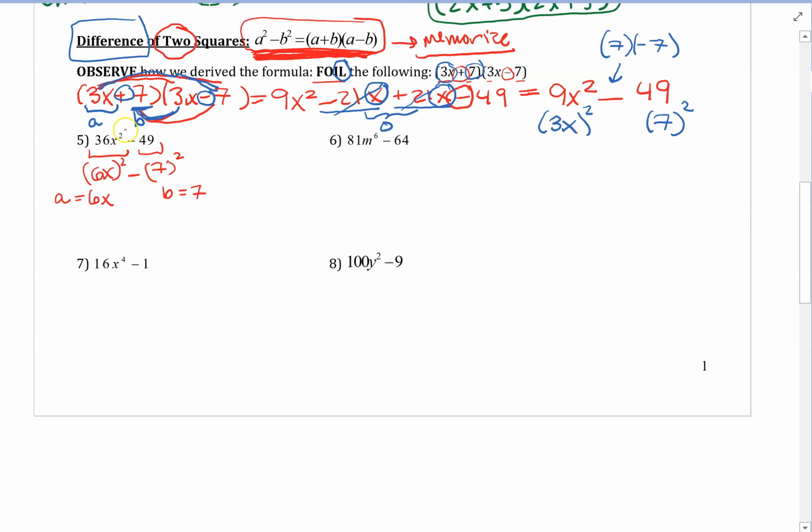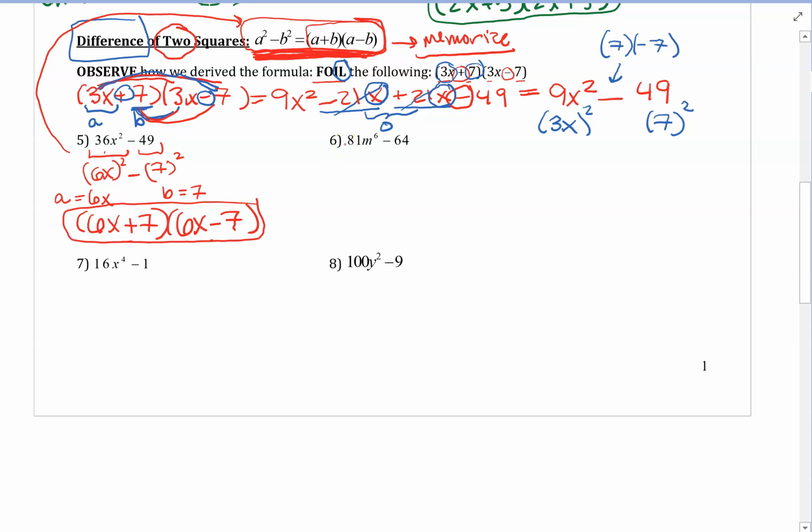This would be a squared minus b squared. This is in this format. So then its factors will be in this format, a plus b, a minus b. So that will be my answer. 6x plus 7 times 6x minus 7. One is positive, one is negative. Each one of them are square roots, right? Square root of 36, square root of 49.